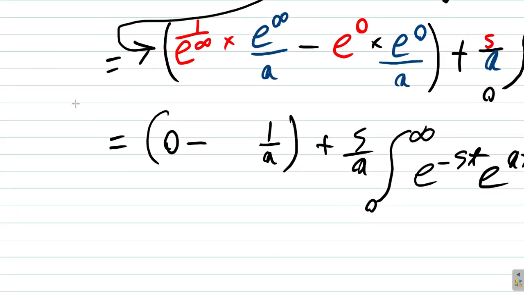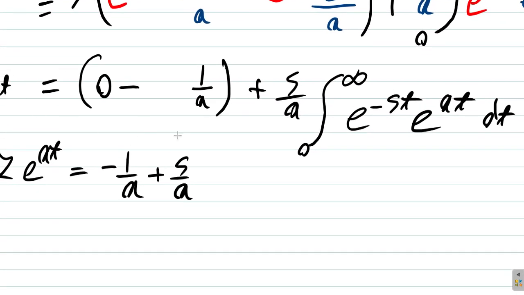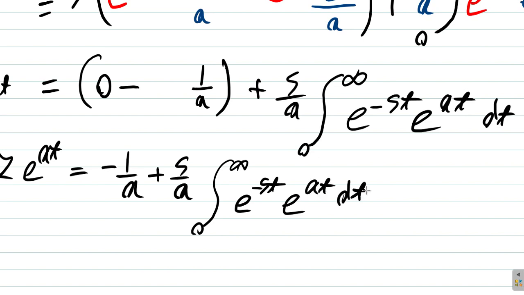So the Laplace transform of e to the at equals this. So the Laplace transform of e to the at is equal to negative 1 over a plus s over a times the integral from 0 to infinity of e to negative st, e to the at, dt.